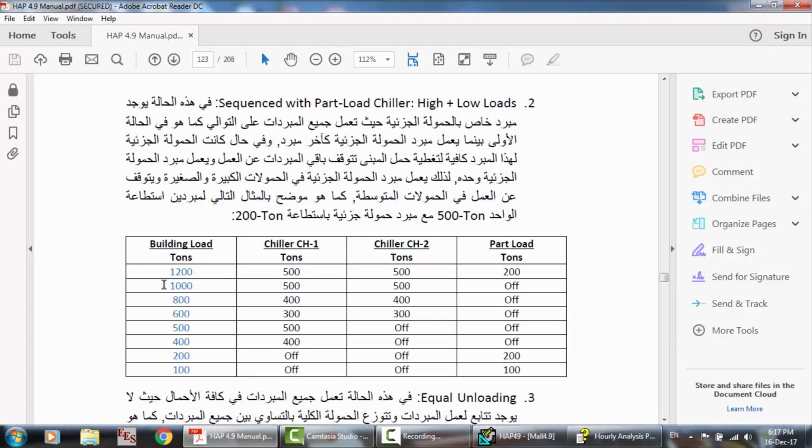If we have only 1000, no need for the part load. 800, no need for the part load. 500, no need for chiller 2, and for the part load, 400, the same case. 200, no need to use the many chillers, only the part load chiller can be used, and 100 also the same.